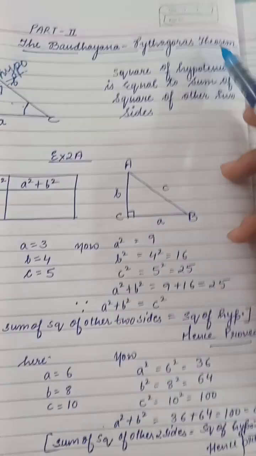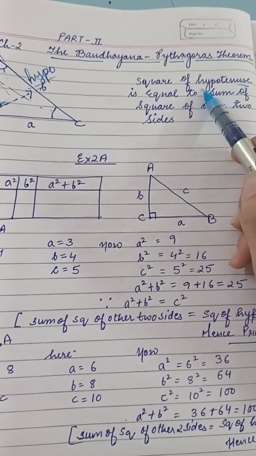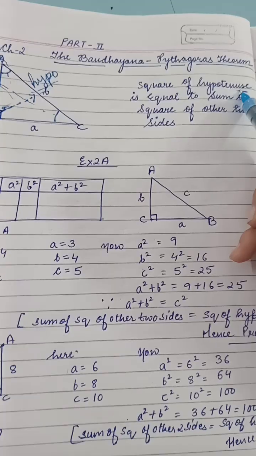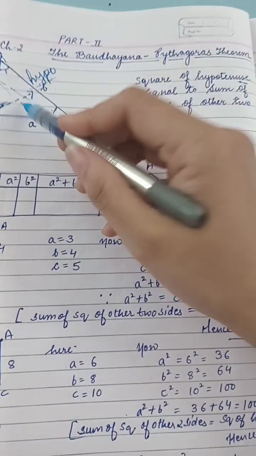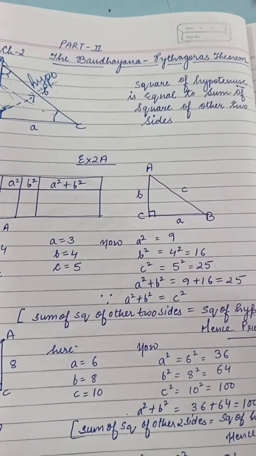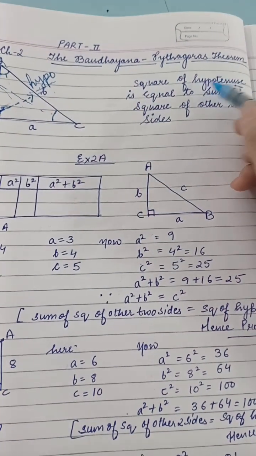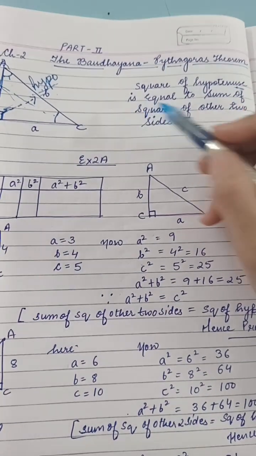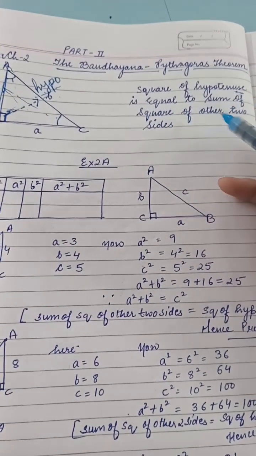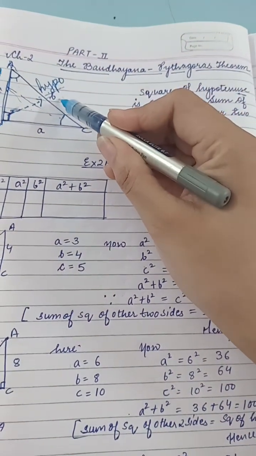So what is the Pythagoras theorem? The square of the hypotenuse. The hypotenuse is the side facing opposite to the 90 degree angle, and it is always the greatest side of the triangle.